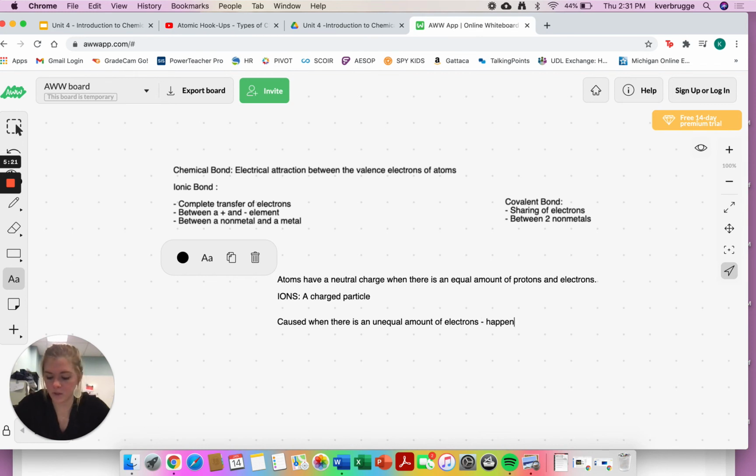So it happens when you add or subtract electrons. Okay, so ions are what form when we add electrons or subtract electrons. And when we have that positive charge that results, we get a cation, which again we've talked about, or we get a negative charge that results in what's called an anion.